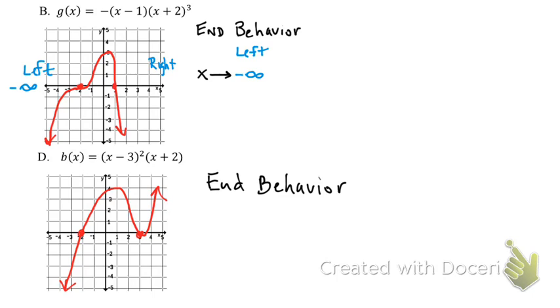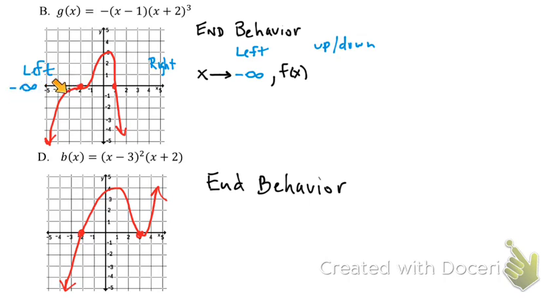Now, we have to decide, on the left side, does my graph go up or down? So again, we're looking at the left side. Does it go up or down? Let's look at our graph.